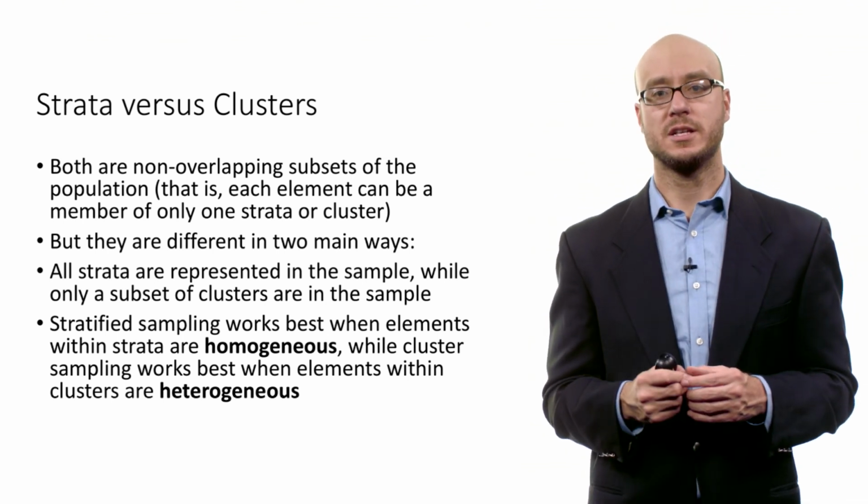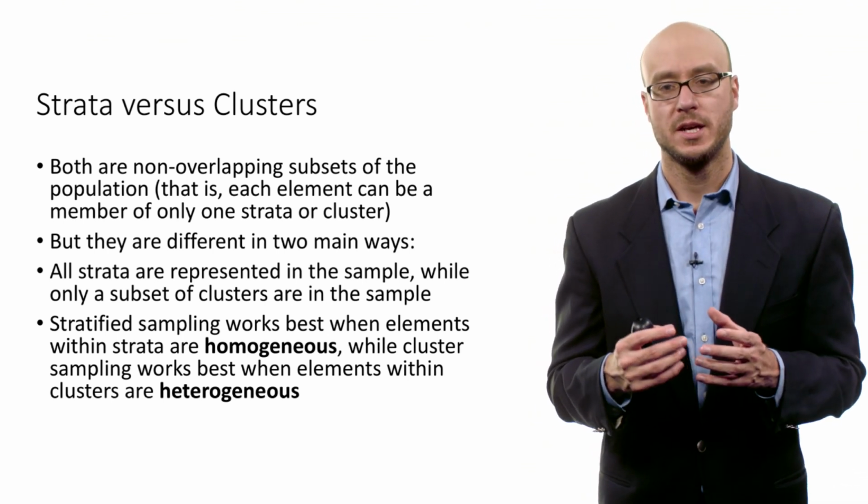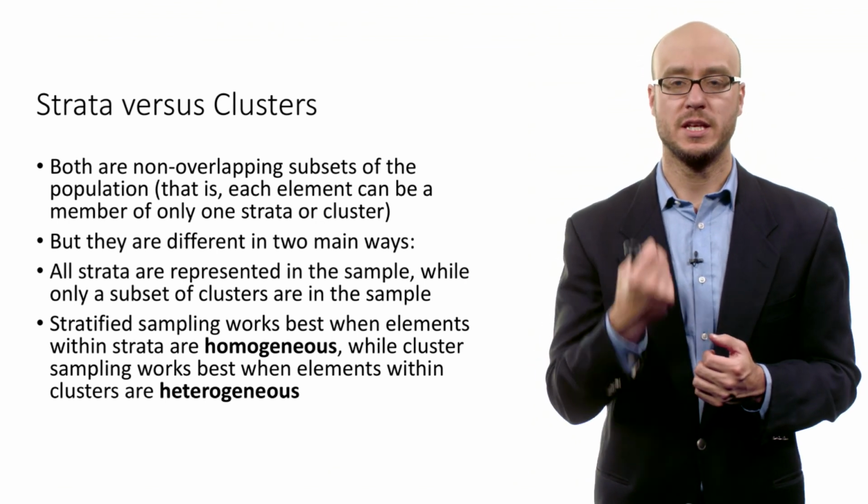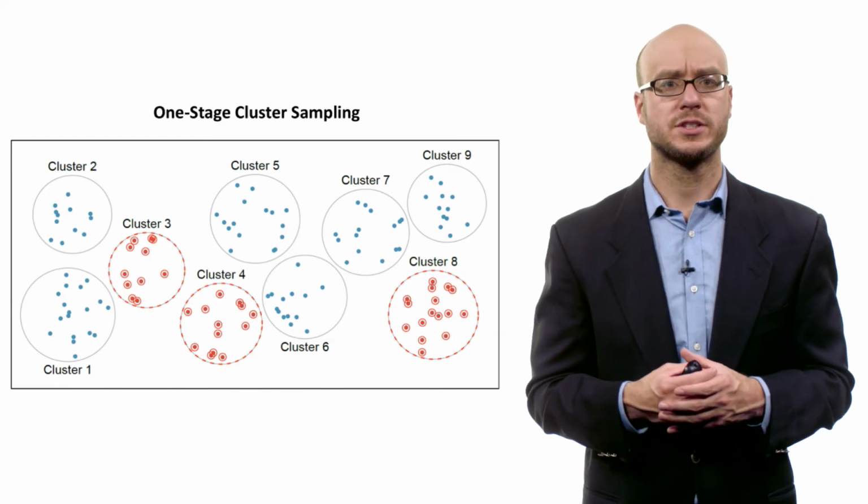In contrast, cluster sampling really works best when you have a lot of variation, when you have heterogeneity within each cluster. So within each stratum you want homogeneity, whereas within each cluster you want heterogeneity. We'll look at this in just a little bit.